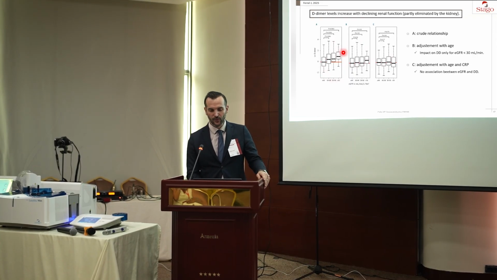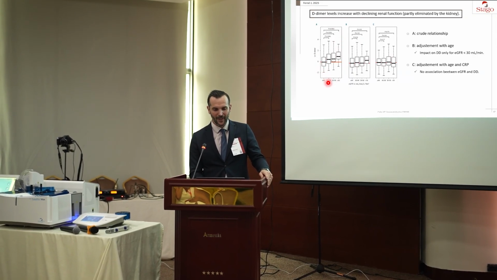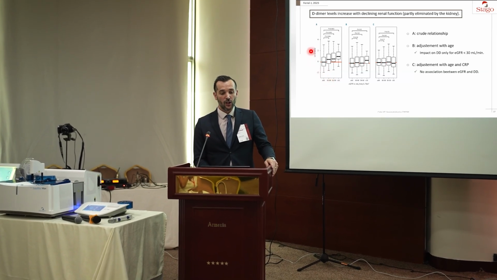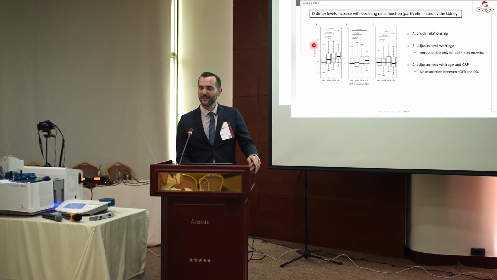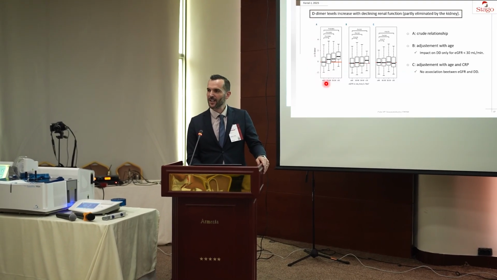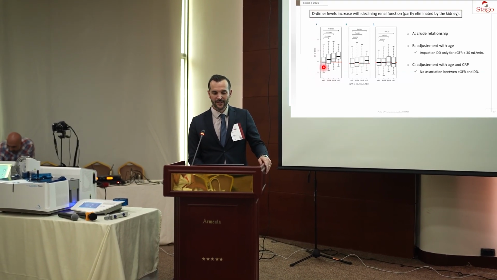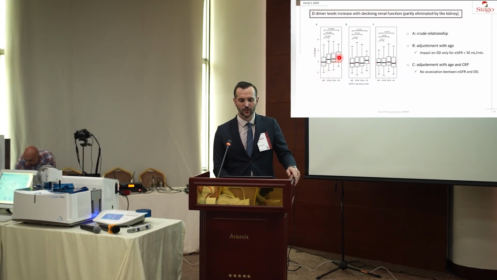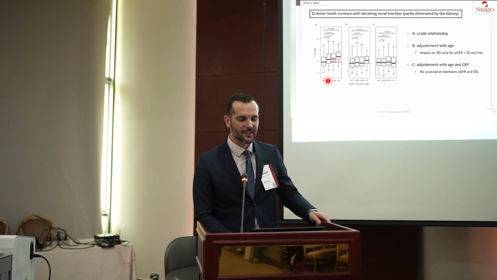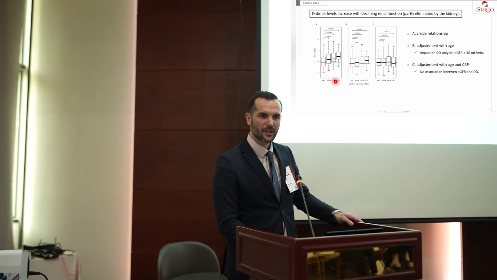If you look at part A of this figure, here you have the crude relationship between D-dimer level and the degree of renal impairment. And you can see that D-dimer levels increase concomitantly with declining renal function.